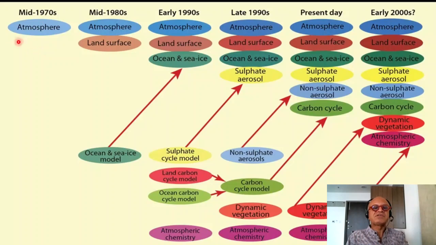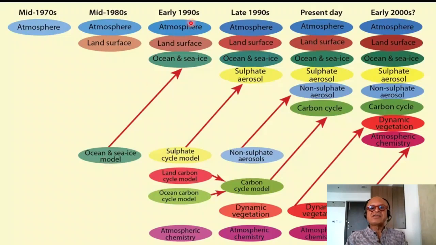So mid-1970s, mostly atmospheric models were being run with prescribed land and ocean. By mid-90s, there were good land surface models developed along with the atmosphere models, and also oceans with sea ice, with not the same kind of versions of sea ice or vertical coordinate of the ocean model, and so forth.